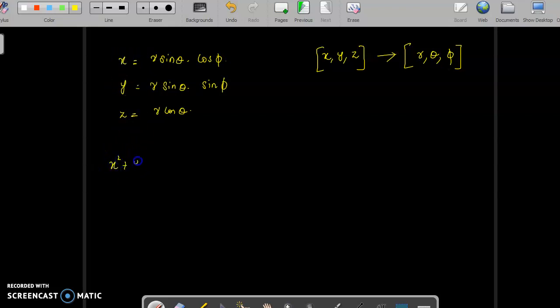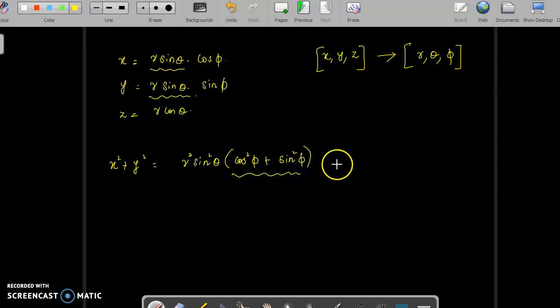So x square plus y square is, there is a r sine theta common in x and y, so we take it out: r square sine square theta, then it becomes cos square phi plus sine square phi. So this term is 1. So x square plus y square is r square sine square theta.